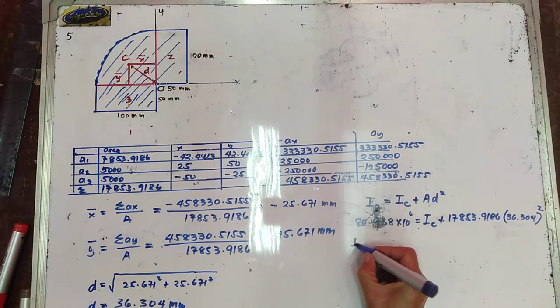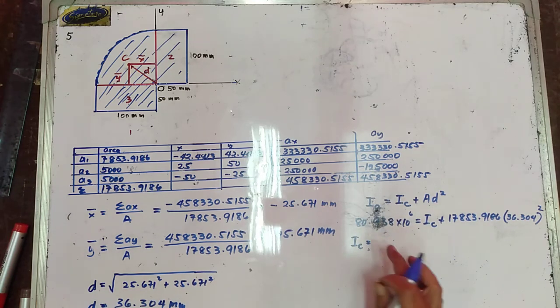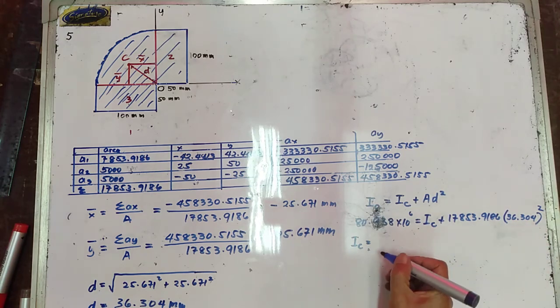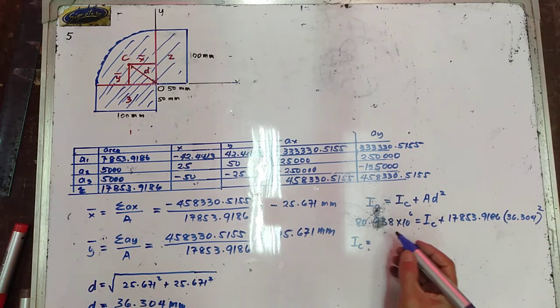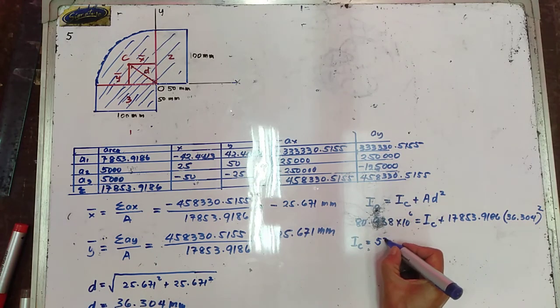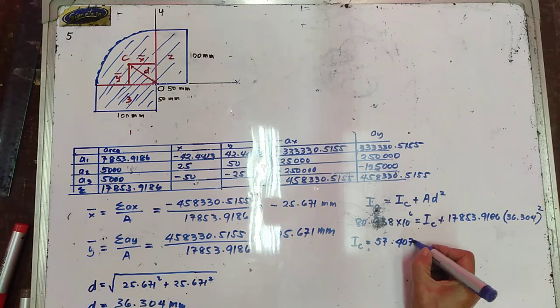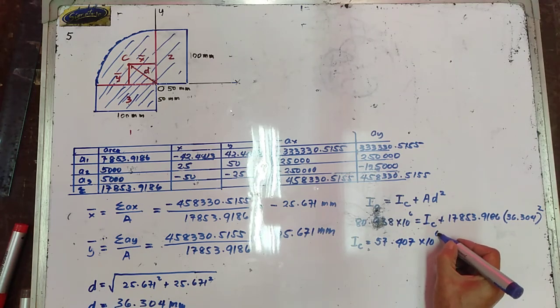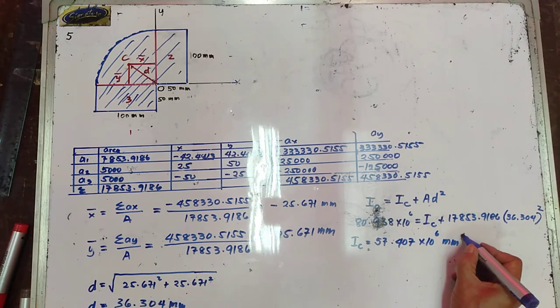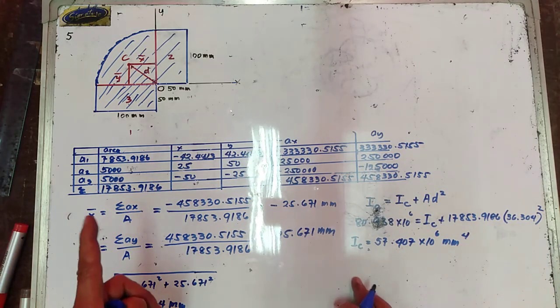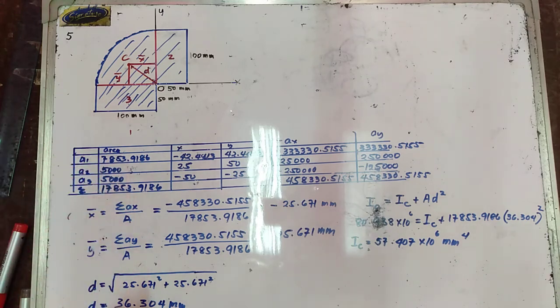So your IC is now equal to 80.938 times 10 to the 6 minus the product of this, and this is therefore equal to 57.407 times 10 to the 6 millimeter to the 4th. So this is the polar moment of inertia with respect to the centroid of the composite area shown.